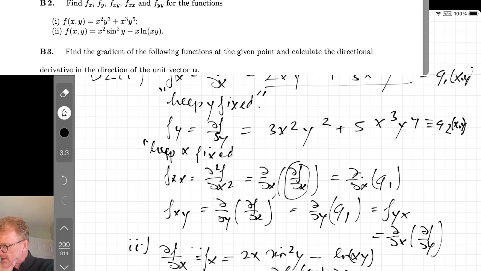So that's 2x sine squared y minus log xy minus x over xy, and then that's times y. So that's just one.